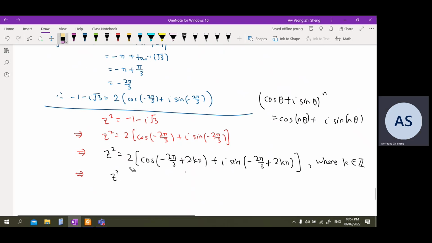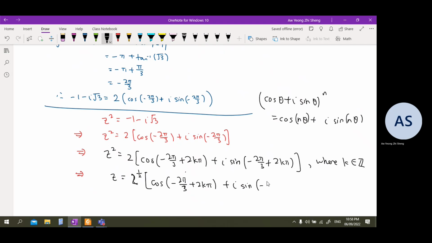And then now only I move my power 2 to the other side. So that's 2 to the half, and this thing also to the power half. The power half appears at these two places. 2 to the power half at the front is just root 2. That's just a real number, nothing special.